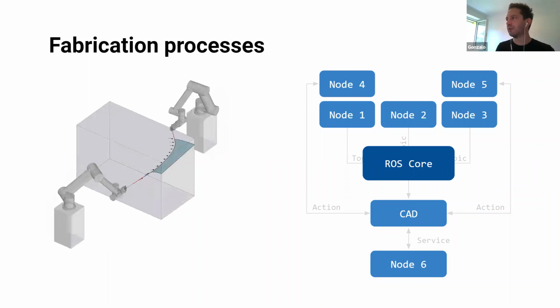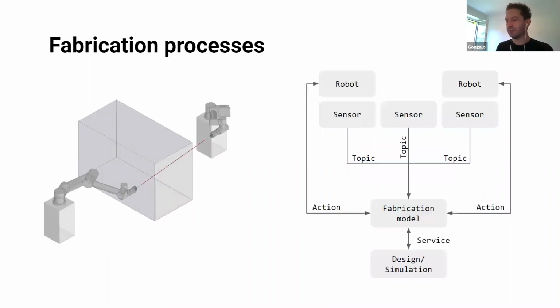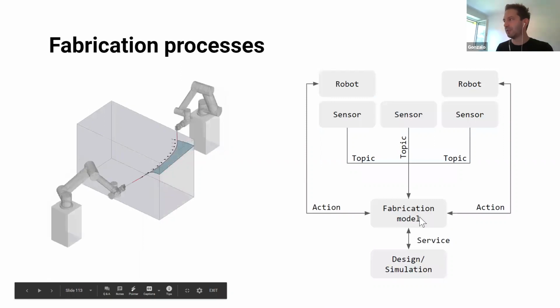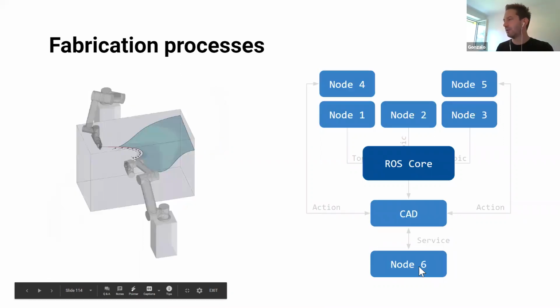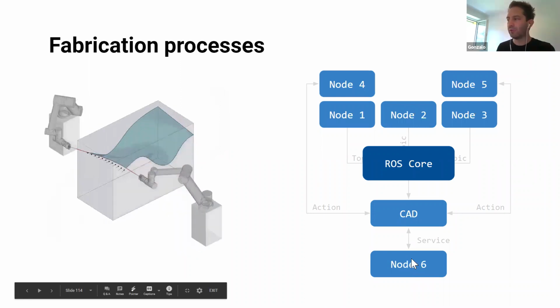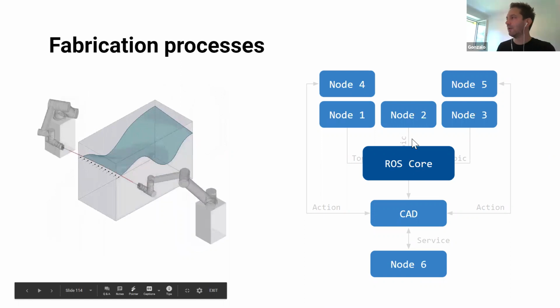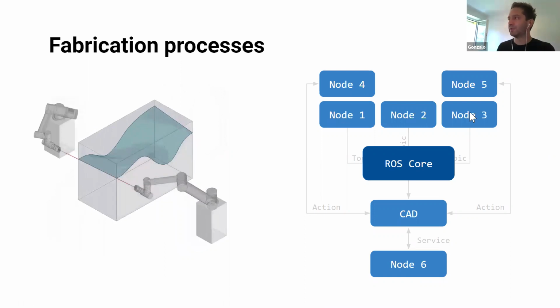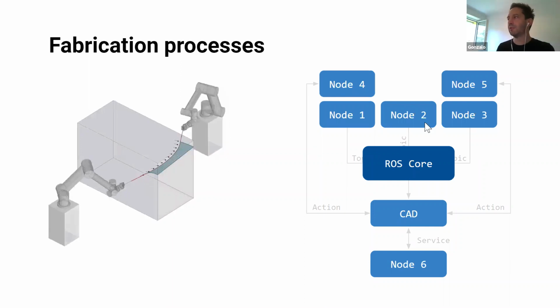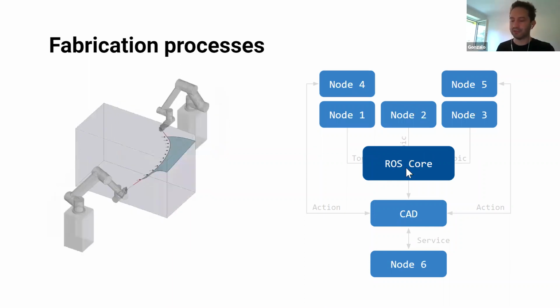So the fabrication model would be the thing that runs in your CAD, and then the simulation part is probably either Move It or some other path planning tool, and you have different nodes per sensor and different nodes to drive the robot, and everything is coordinated with this ROS core.